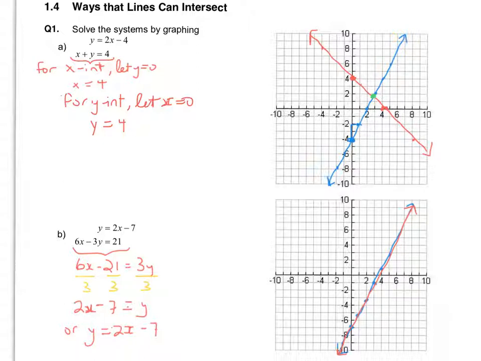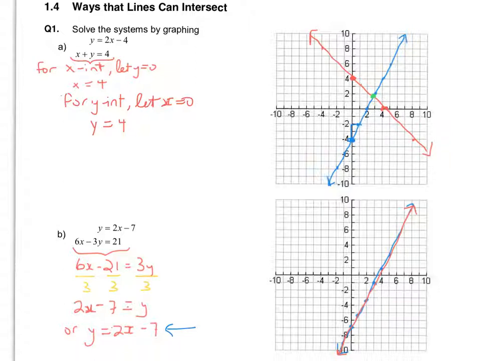And what interestingly happened is I ended up with my line having the same equation as my other line, which meant my two lines are sitting on top of each other. So they're crossing at every single point. Those two lines intersect at an infinite number of points.